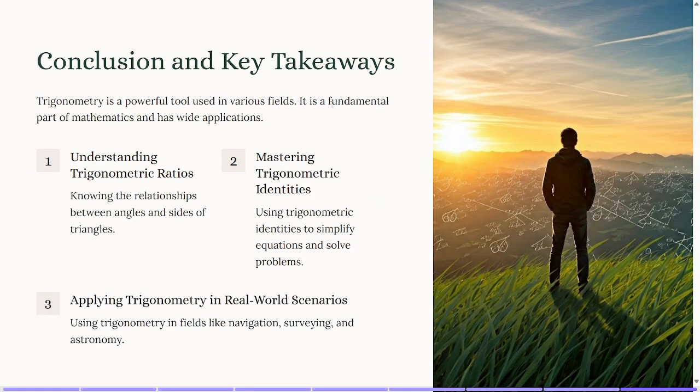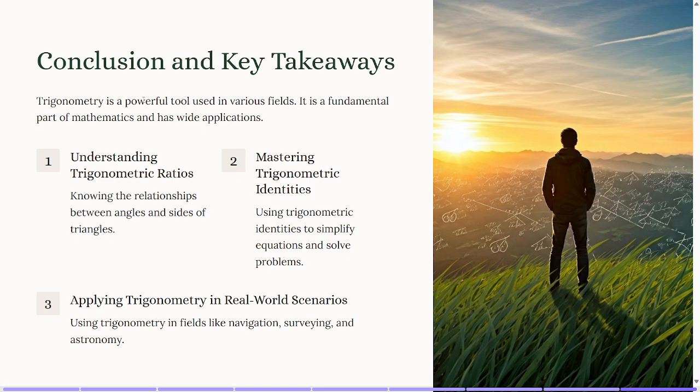The conclusion and key takeaways. Trigonometry is a powerful tool used in various fields. It is a fundamental part of mathematics and has wide applications. First, understanding trigonometric ratios, knowing the relationship between the angles and sides of triangles, is very necessary. Second is mastering trigonometric identities: using trigonometric identities to simplify equations and solve problems.